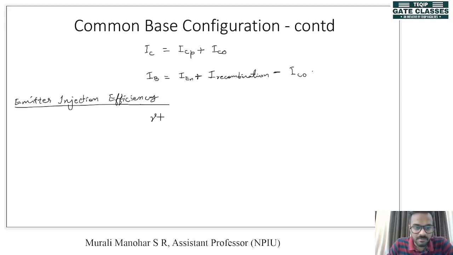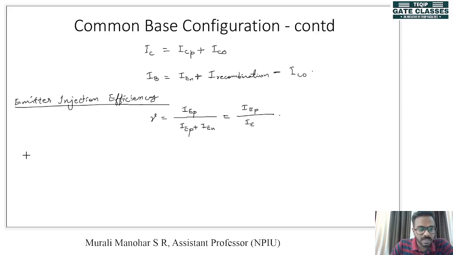So this efficiency gamma is IEP, which is the current that has crossed the base emitter junction, to the current that is arriving, which is IEP plus IEN. Gamma is IEP divided by IEP plus IEN. So, we know that IEP plus IEN is the total emitter current IE. So this is IEP divided by IE.